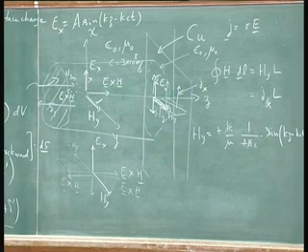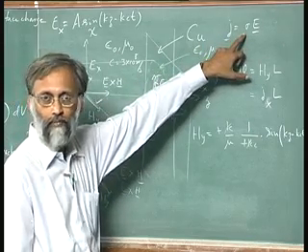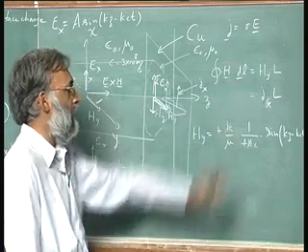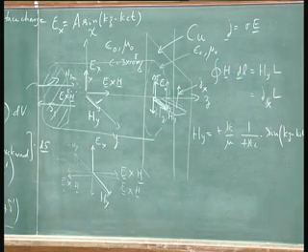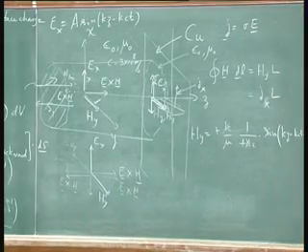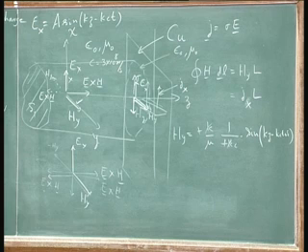Now, let me take a case where sigma is not infinity. Supposing sigma is some reasonable number, not very large, not very small. What happens? This is still true. Poynting theorem is a general theorem that we derived without making any approximations.